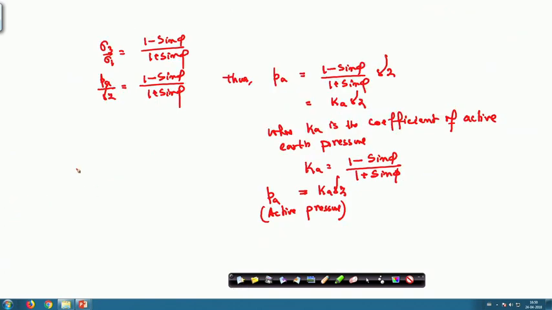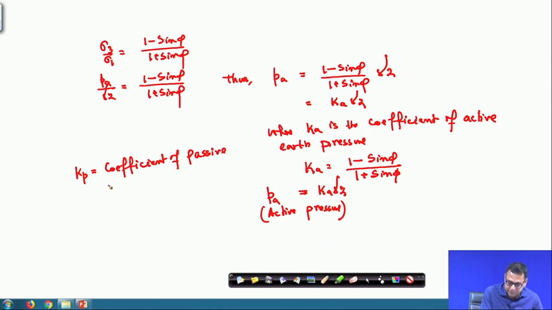Your K P is the coefficient of passive earth pressure, or passive pressure. And this K P is 1 plus sin phi divided by 1 minus sin phi.